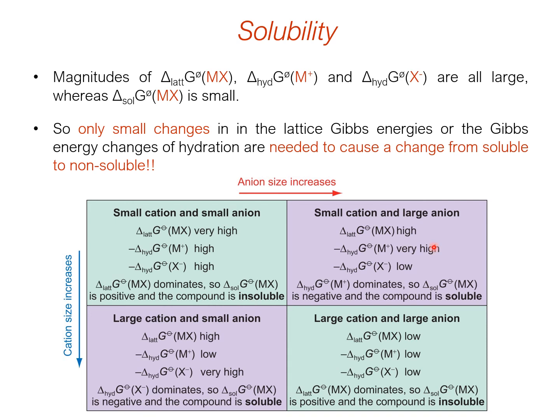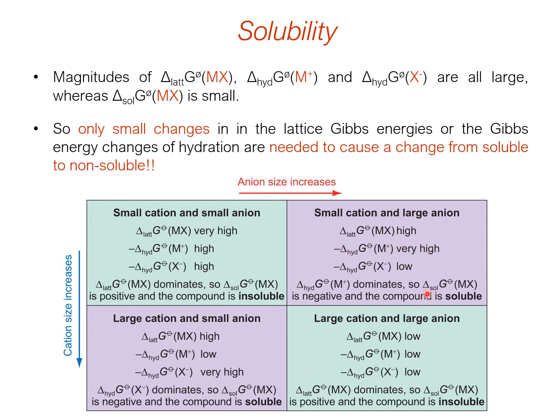However, if we take a small cation and combine it with a large anion, we then see that the delta G of hydration of the cation is what's dominating. So the lattice energy isn't quite as high as it was before because we've got a larger number on the bottom of the equation. The anion has low hydration. As I said on the last slide, large ions have low hydration energies. But the cation is small, and this is then the dominating factor.